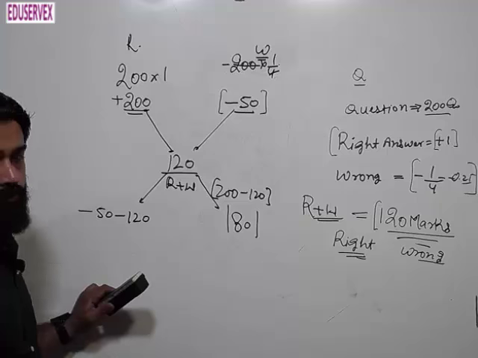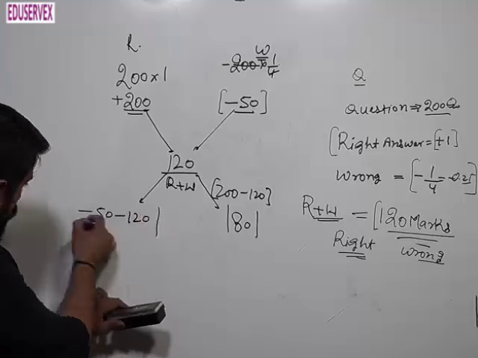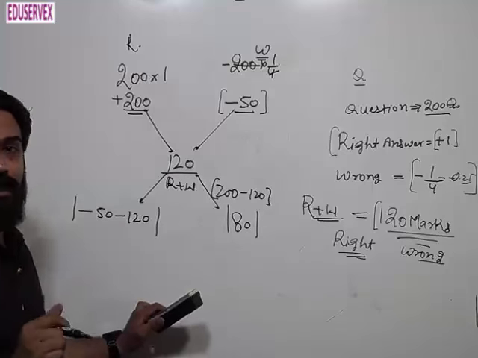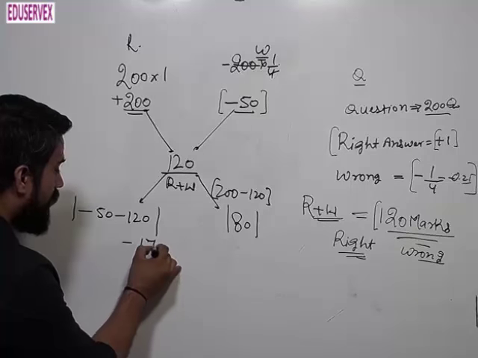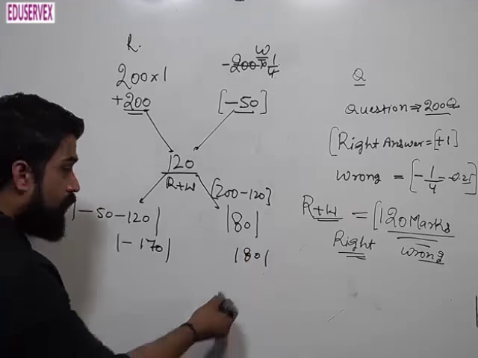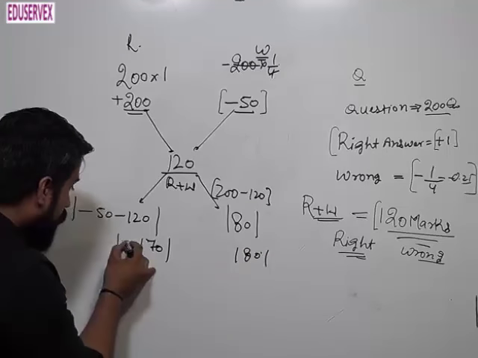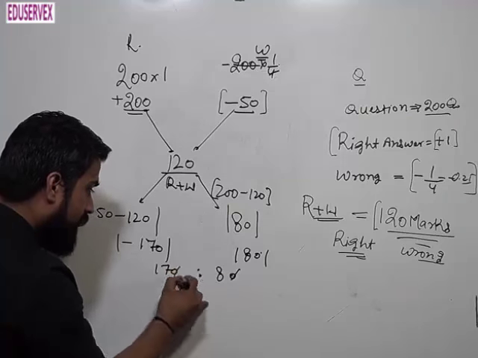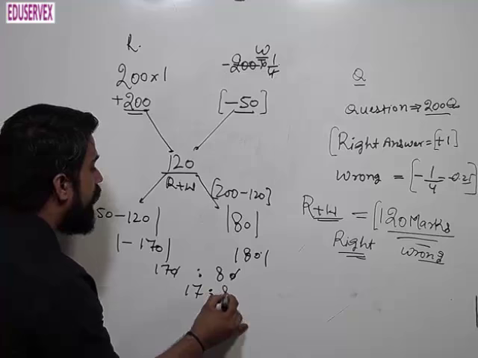Don't take it as 70. It is minus and minus, so we add these numbers with a minus sign. This is minus 170, take the mode. This is 80, right? Now this will be positive. 170 to 80 is the ratio 17 to 8.